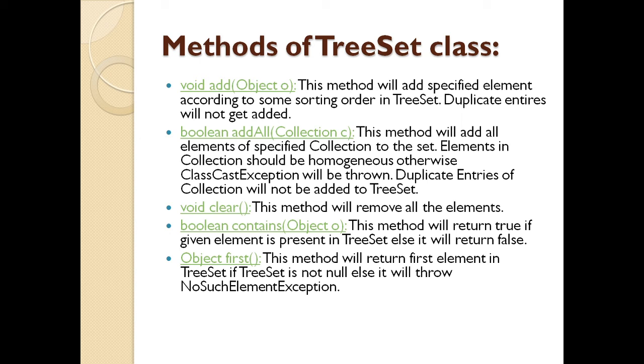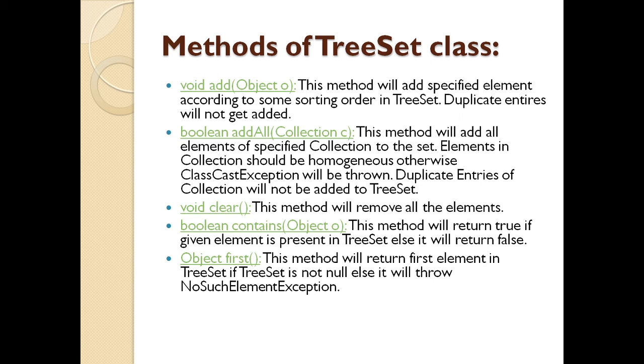If I want to check whether a particular element exists in the tree set, I have the method called boolean contains. I pass the object as a parameter. If the element is contained, it returns true, else it returns false. Object first, the method will return the first element in the tree set if the tree set is not empty, else it will throw NoSuchElementException.